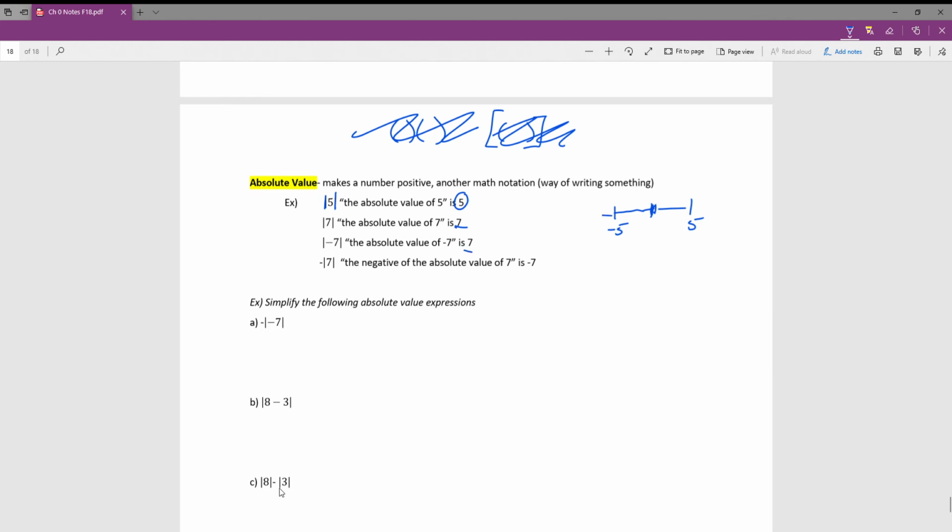It's still 7 places away from 0, right? Now this one's a little trickier. We have to read what it means. It says the negative of an absolute value of 7 is -7. So we do this first. The absolute value of 7 is 7, but then we want the negative of it, and that's how we get the answer. These few examples are worth going through.